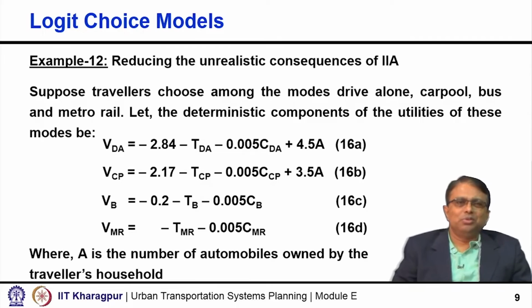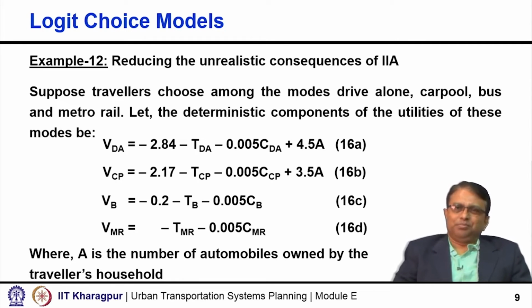First, we shall tell you that maybe you can reduce this unrealistic consequence of IIA. You cannot really eliminate it completely, but you can to some extent reduce it by bringing more relevant variables while expressing your deterministic component of the utility.